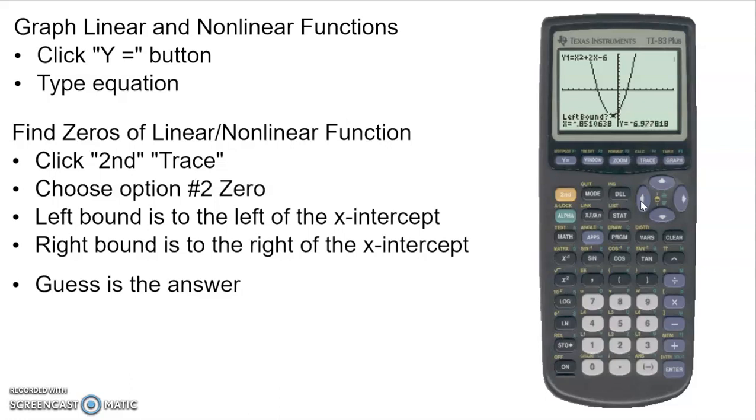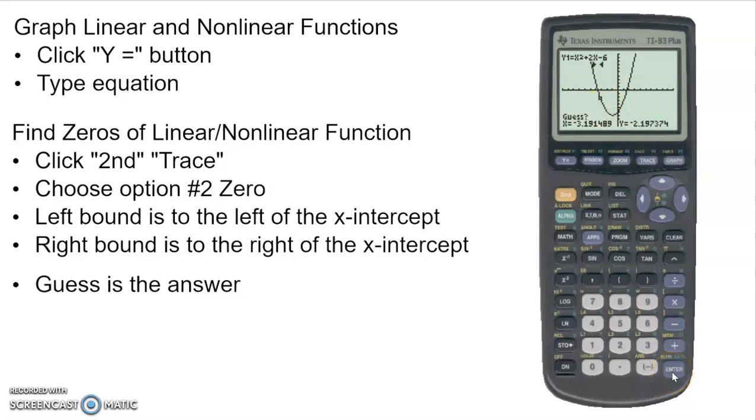I'm going to go to the furthest left I can go on our parabola. This time, left of the x-intercept means I have to be above the x-axis, because I'm over to the left of the x-intercept. Once I'm to the left of it, I hit enter. Right bound means I keep going to the right until I get past the x-intercept. If I were to draw a vertical line at the x-intercept, you can see I'm now to the right of it, and in this case, below the x-axis.